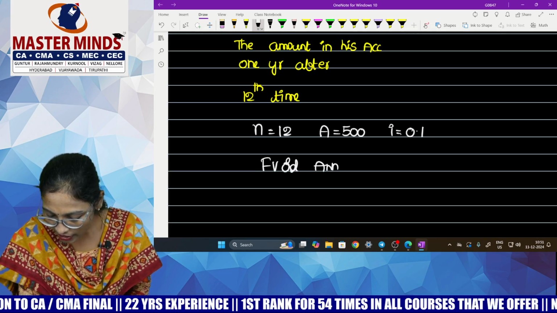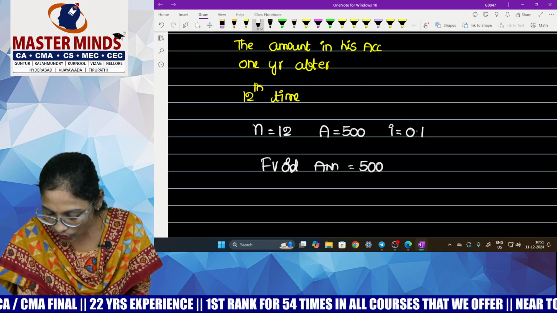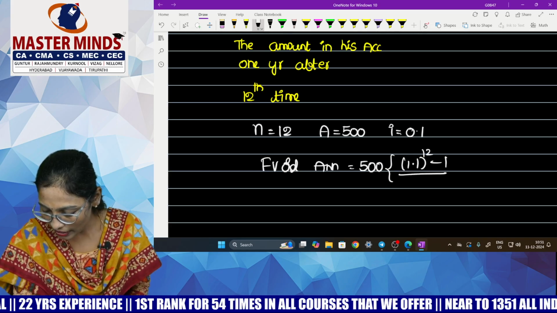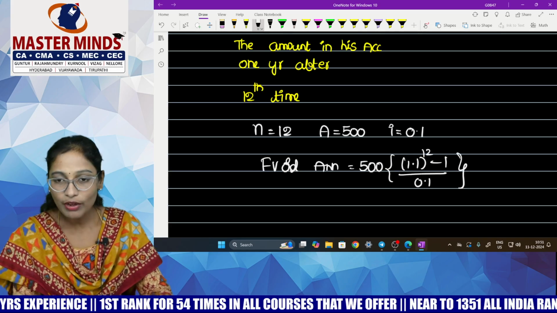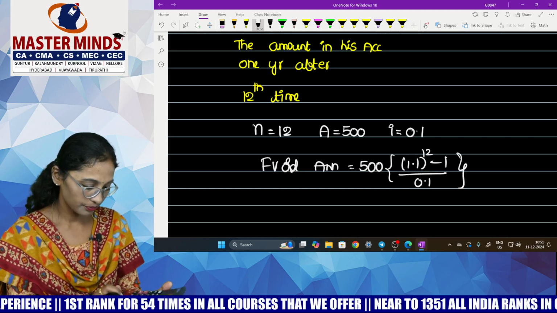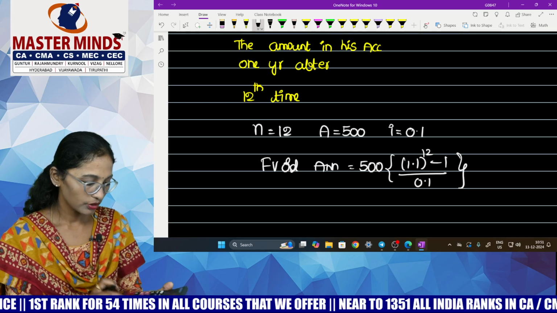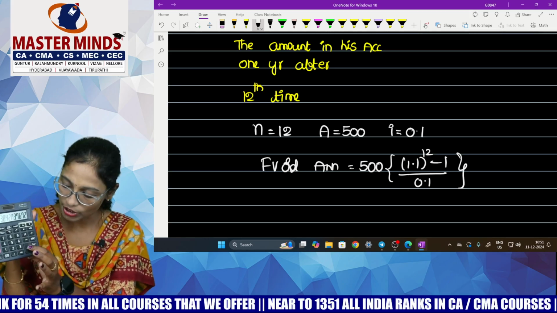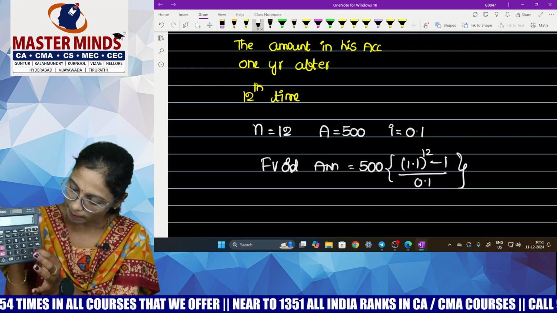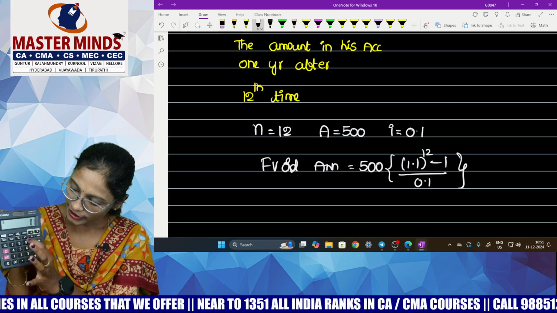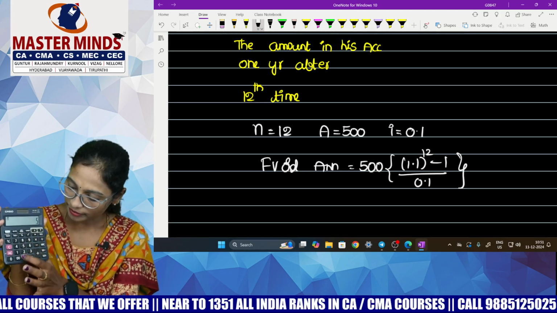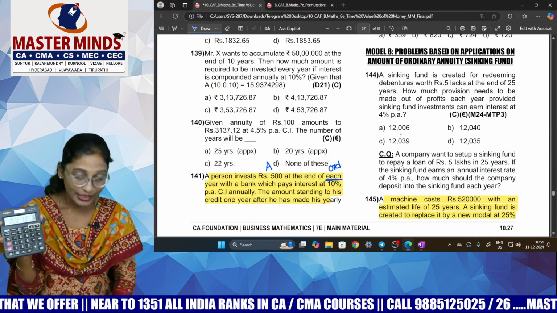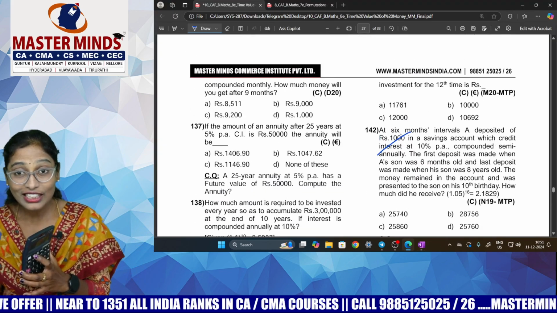The formula is A into 1 plus I whole power n minus 1 by I. So, calculate 1.1 whole power 12 first. That is about 3.13. Minus 1 by 0.1 into 500. How much? 10,692.